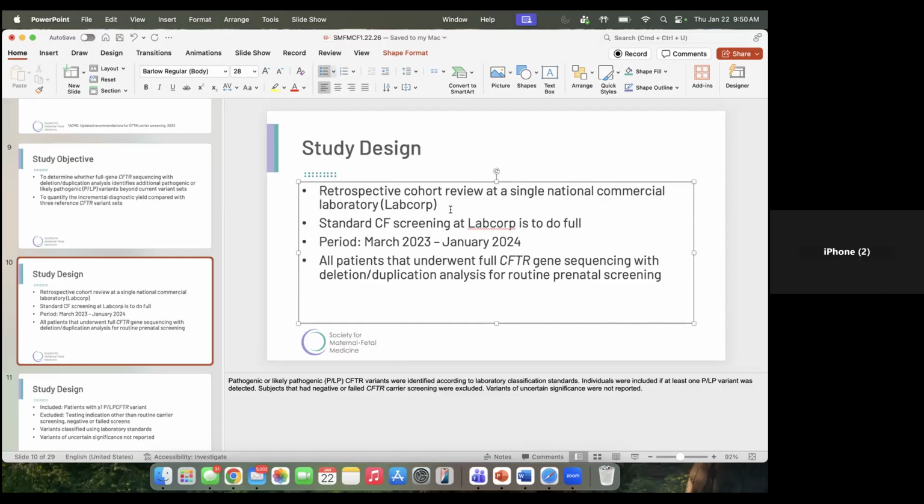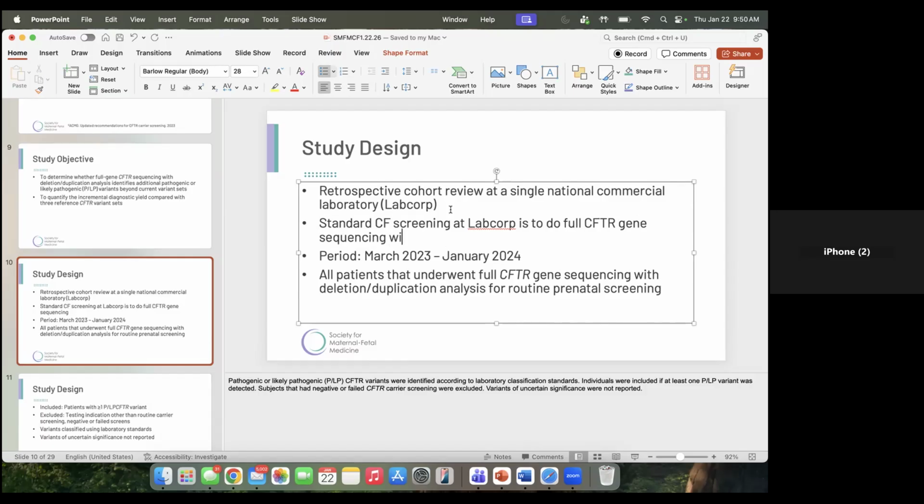Mona, it's Stephanie. This is probably a little bit more granular, but I would just double check. You are 100% right that LabCorp did away with their 32 mutation panel, and I don't even know if they still offer the 97. So we were diverted into doing full gene sequencing. I remember it going live January 5th.